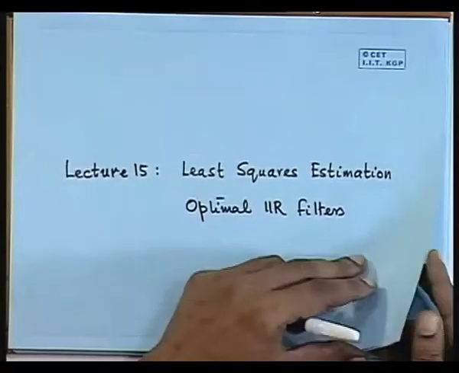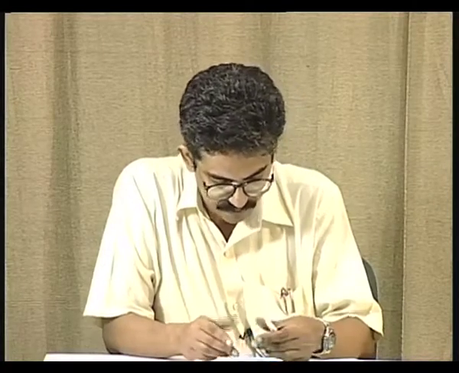The second thing is that we will also look at the IIR filter design problem, not only the FIR problem. So first of all, let us see what the LSE problem is.